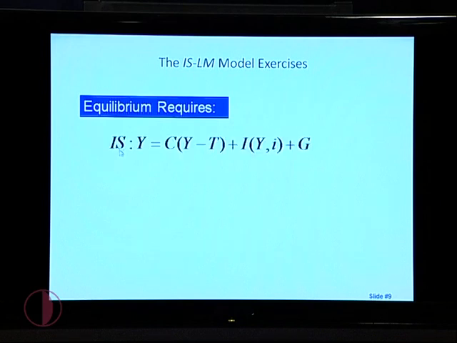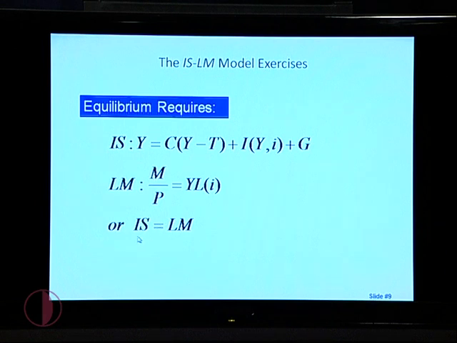Equilibrium requires that IS equals output, which is consumption as a function of disposable income, Y minus T, plus investment plus G, where LM is equal to M over P, the money supply and the price level, equal to the function of income and interest rate, where IS equals LM.